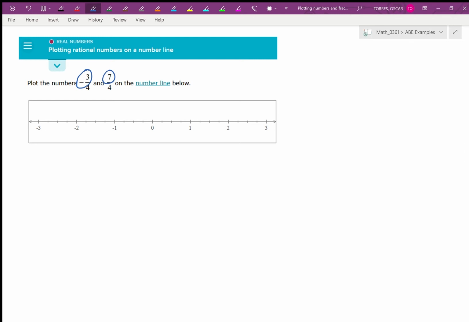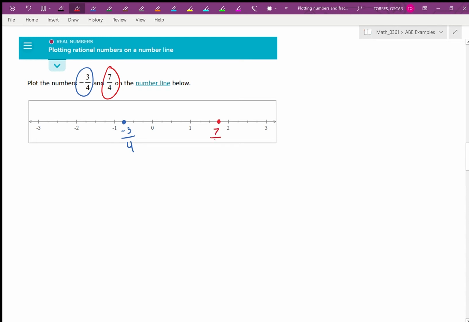So for this first fraction, I want us to count 3 times to the left out of those 4 spaces. So if we start at 0, we're going to count 1, 2, 3. This would be -3 out of the 4 spaces. To plot 7 over 4, we would start at 0 again, and we would count 1, 2, 3, 4, 5, 6, 7.